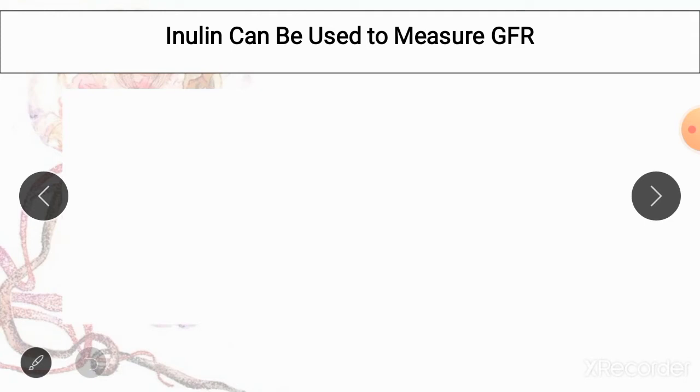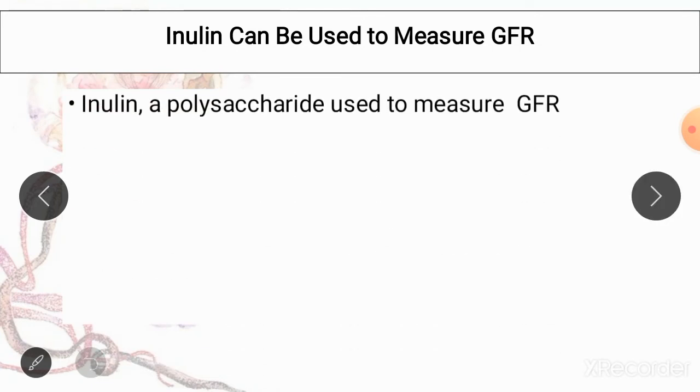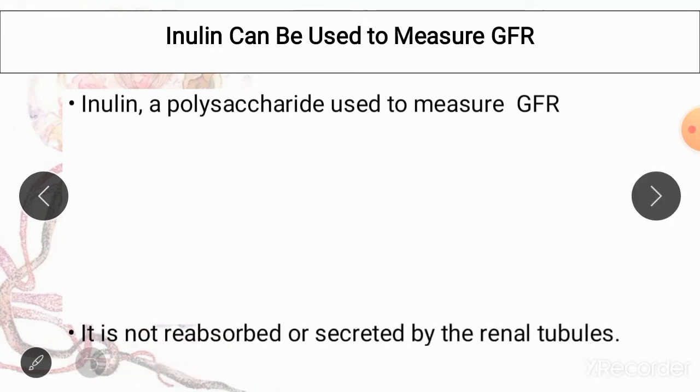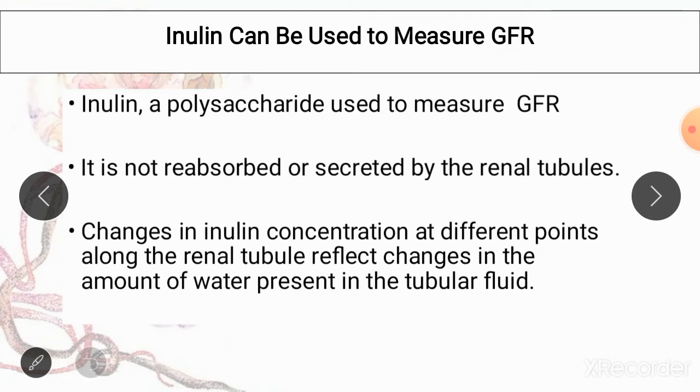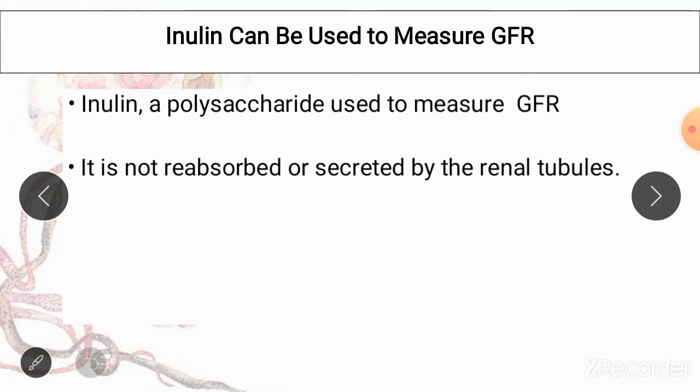Another important substance which is not normally present in the body, a synthetic substance which is injected from outside, is known as inulin, and you must remember how inulin is treated within the nephron. Inulin is a polysaccharide and it is used to measure glomerular filtration rate. The important thing about inulin is that it is neither reabsorbed nor secreted from the renal tubules.